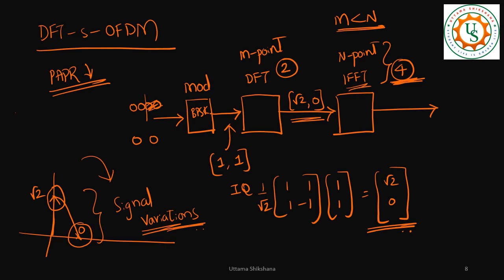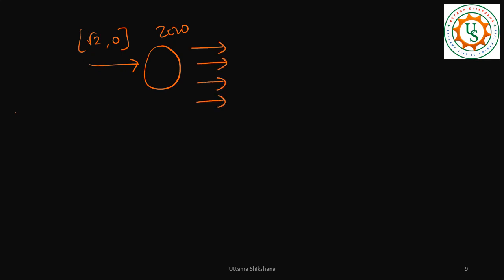So I will take here my input as square root of 2 comma 0. I will do some 0 padding, because we need 4 points. So finally I have 4 points going to this IFFT block, which is a 4 point.